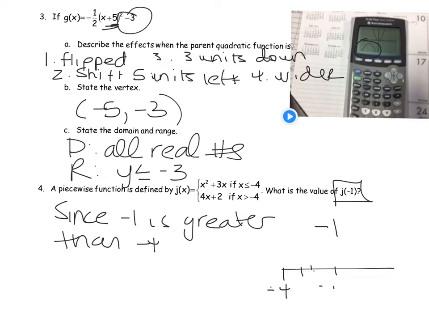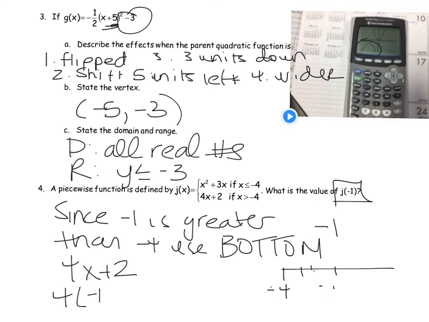Which side are we going to use, top or bottom? We're going to use the bottom. Plug it in. It's -2. We use the bottom because our input value is greater than -4.